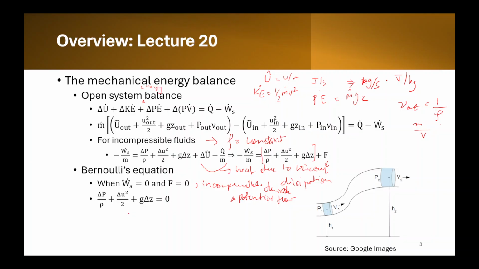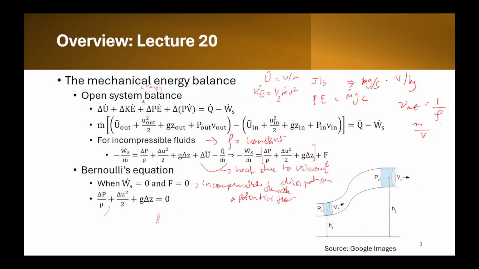So you can write it here: the change in the pressure divided by density, plus the change in the kinetic energy, and the change in the potential energy between 2 points is zero.